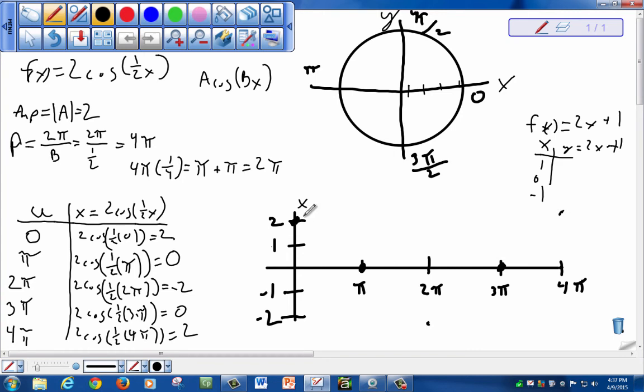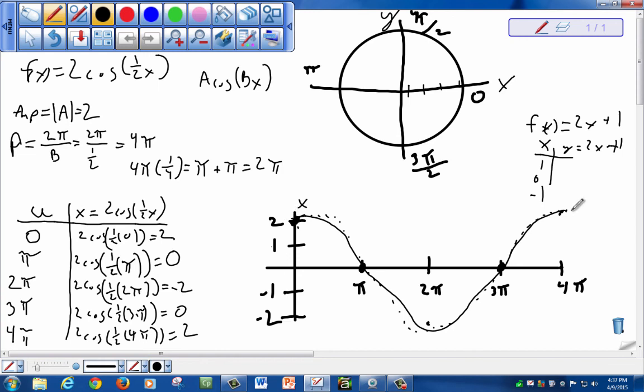So we connect the dots now. Start seeing how the function looks. It's not that pretty, but bear with me here. And that's how the function looks. Now, as you can tell, at 4 pi, the point is where the point was in the very beginning at the origin at 2.